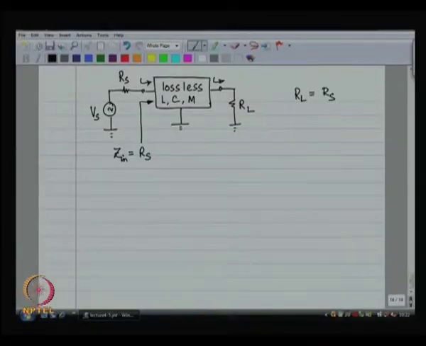So, all of that power is delivered to the load. So, I still get maximum power transfer from the source to the load. So, the design of these lossless networks is called matching. This network is called a matching network.